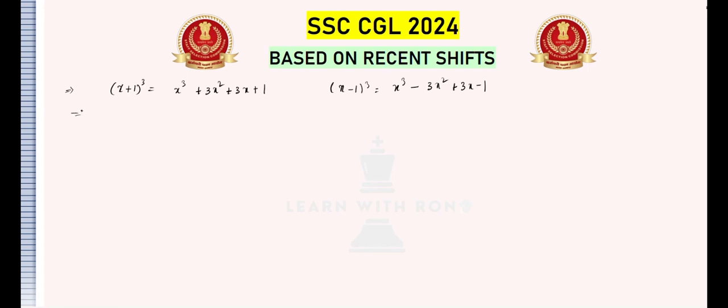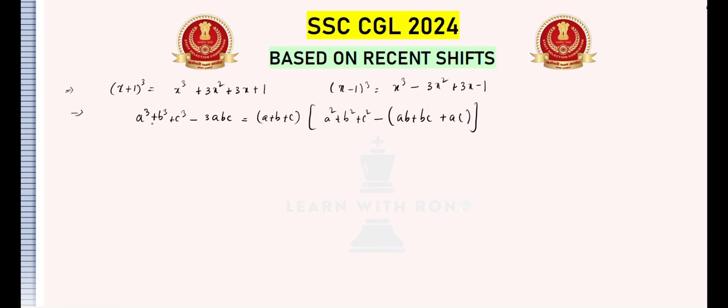And most importantly in algebra, you need to remember the formula, which is a cube plus b cube plus c cube minus 3abc equals a plus b plus c multiplied with a square plus b square plus c square minus of ab plus bc plus ac.